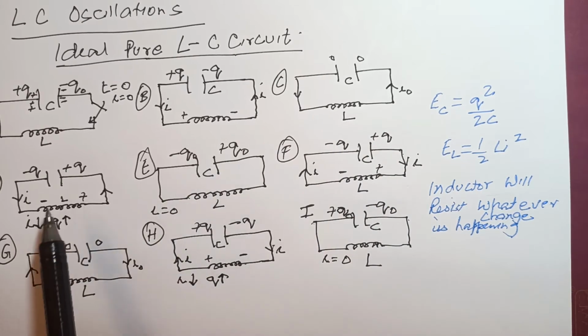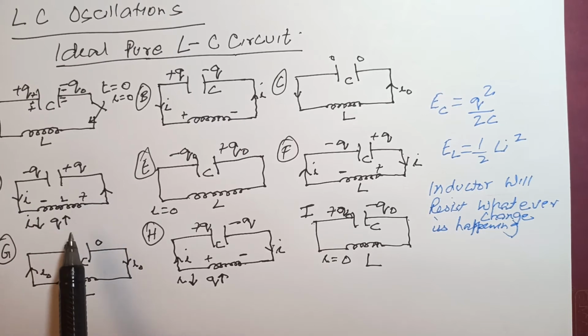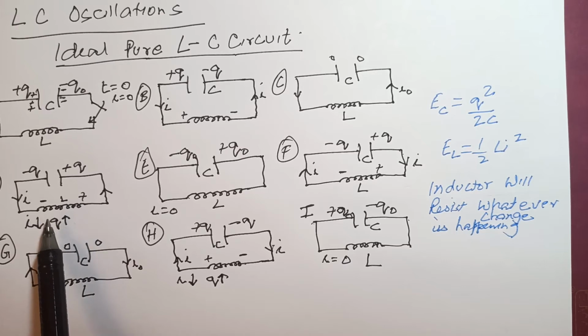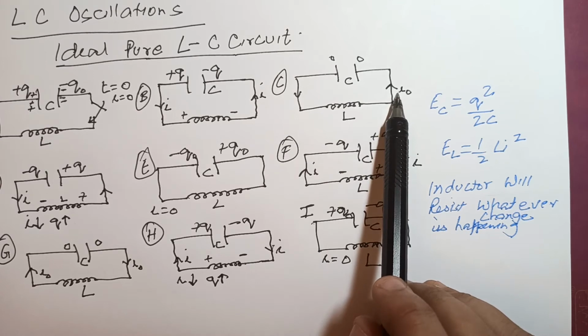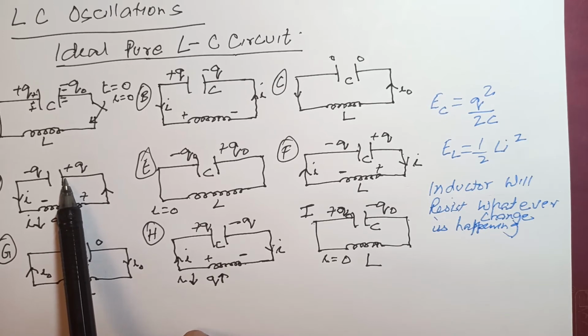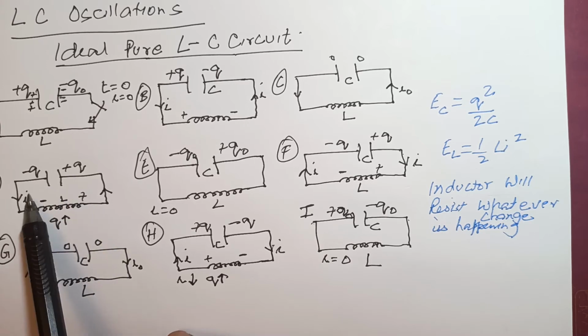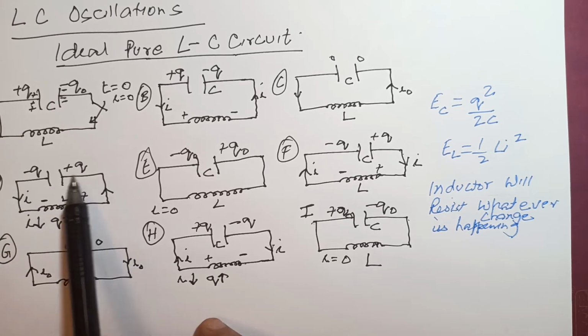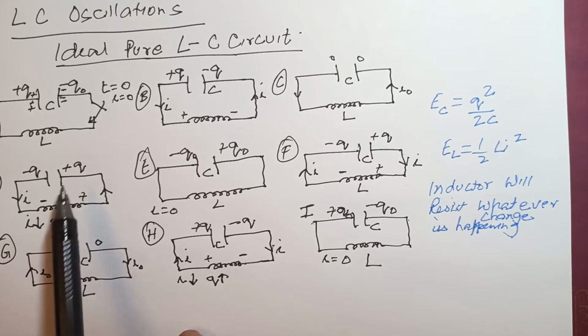Coming on to diagram number 4, which is D. Now this current reaches the peak, so very soon this will become positive charge and this will become negative charge, because current is flowing in this direction and electrons are getting accumulated here.